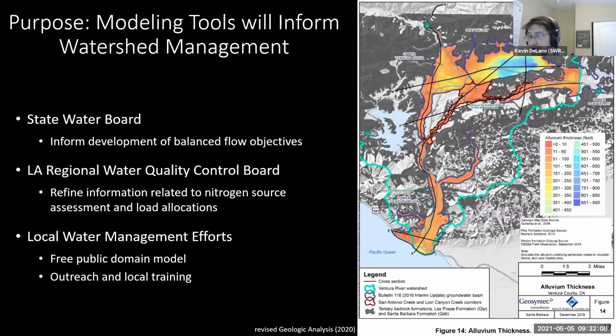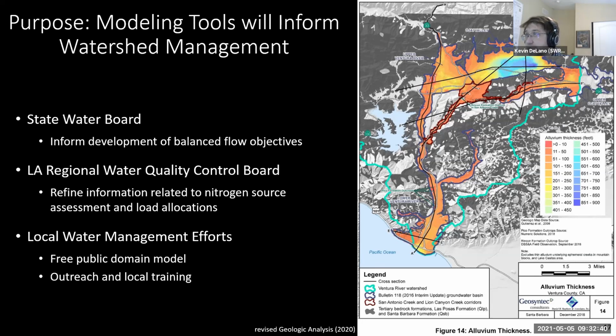surface water. Early on in this project, we recognized an opportunity to develop a tool that also could support local water management efforts. We wanted to develop a tool that complies with SGMA. We wanted to develop a tool that would be available to the community, that the local groundwater sustainability agencies could use, and other local water managers in the watershed could use to make local water management decisions.